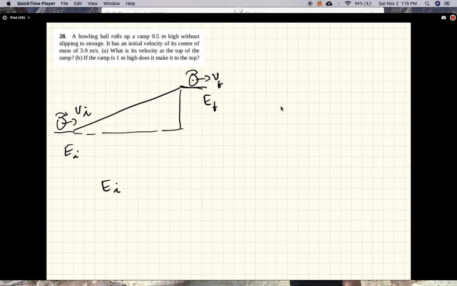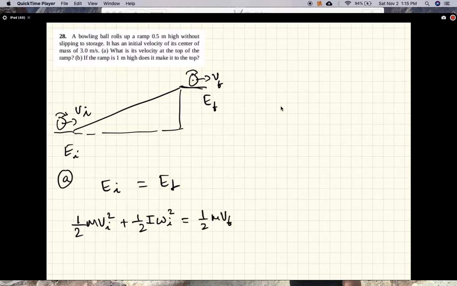So from the energy conservation principle, 1/2 m v initial squared plus 1/2 I omega initial squared is equal to 1/2 m v final squared plus 1/2 I omega final squared plus m g y final.